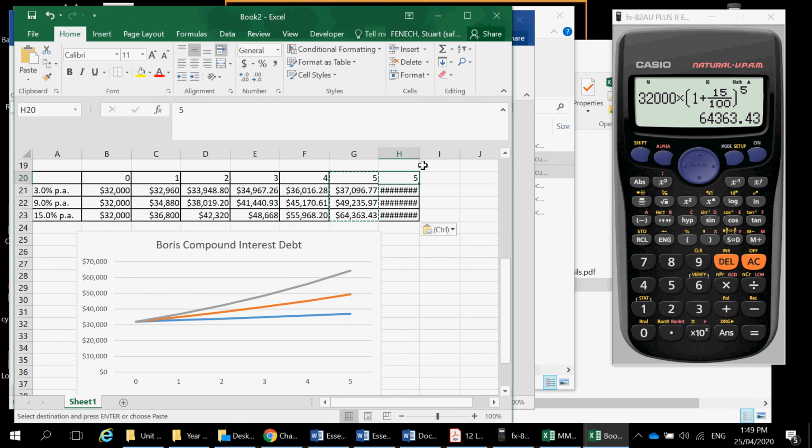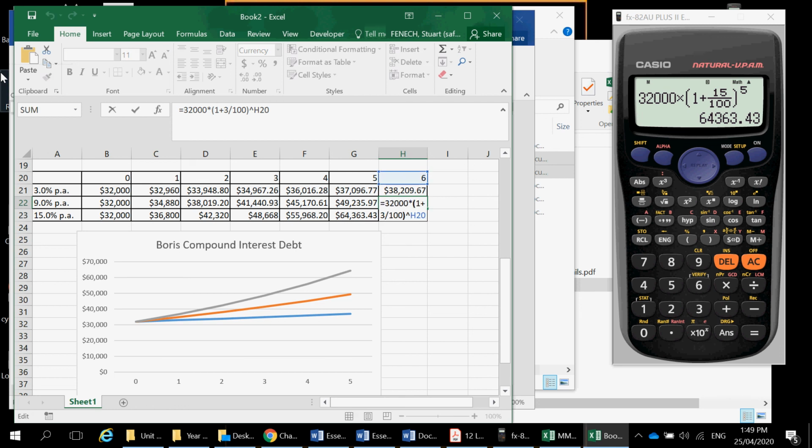If I actually wanted to use the compound interest formula in Excel, I could write equals 32,000 multiplied by 1 plus 3 divided by 100, to the power of that value there. And I can copy that formula across.